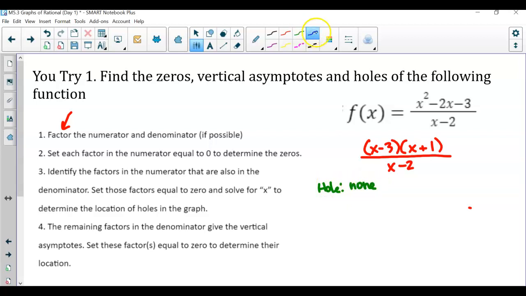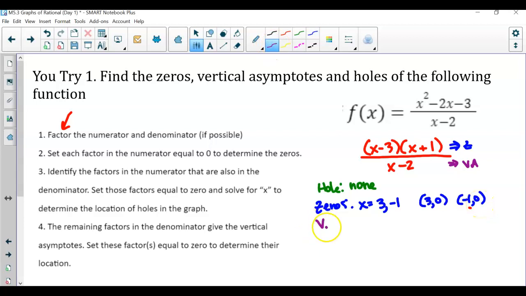That means now we can get right into it, remember the numerator was your zeros and the denominator was the vertical asymptote. So that's how we have both zeros here, 2 zeros. x is equal to 3 and -1, or (3, 0) and (-1, 0). Then we have our vertical asymptote at x is equal to 2. So there's your line where they continue on.